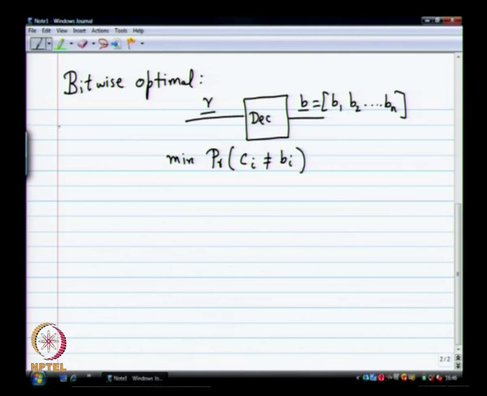Ci is the transmitted code word. Okay. So, this is kind of where we stopped, or we did this towards the end of last class, and I made a mistake in the notation. So, I am going to correct that now.